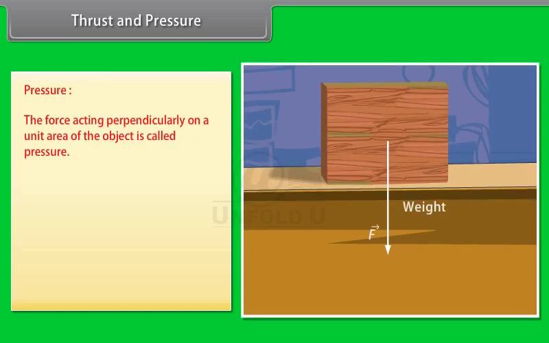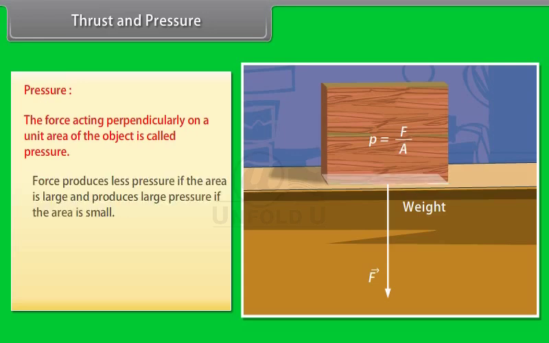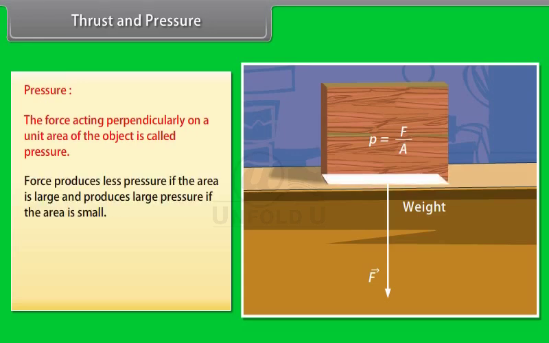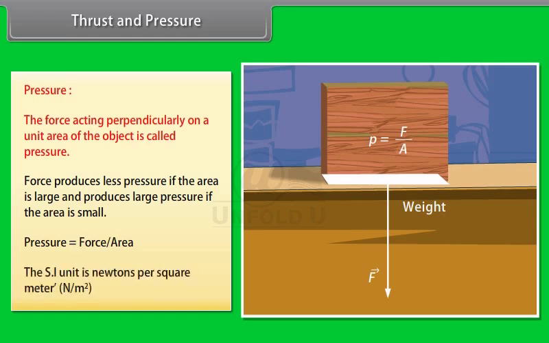The force acting perpendicularly on a unit area of the object is called pressure. Force produces less pressure if the area is large and produces large pressure if the area is small. Pressure is equal to force upon area. The SI unit is newtons per square meter.